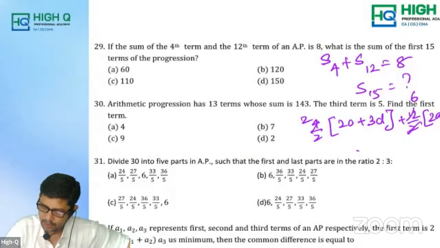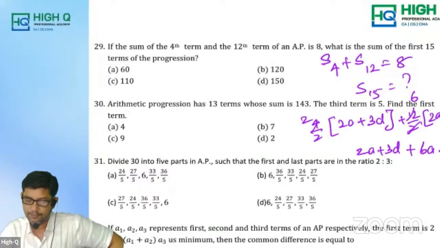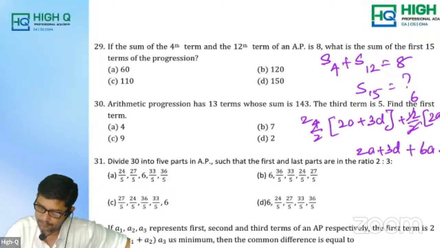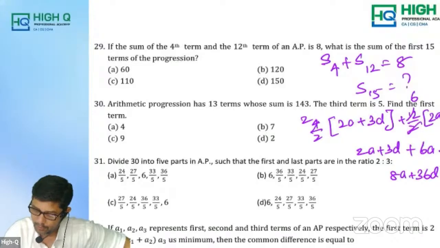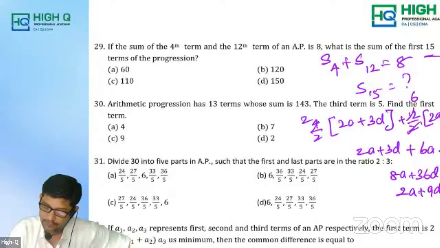So you will get 2A plus 3D plus 6A plus 33D is equal to 8. Not 8, divide through by 4. 2A plus 9D is equal to 1. Now they ask you to find out S15.